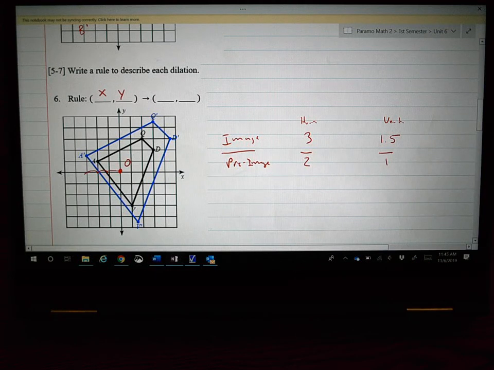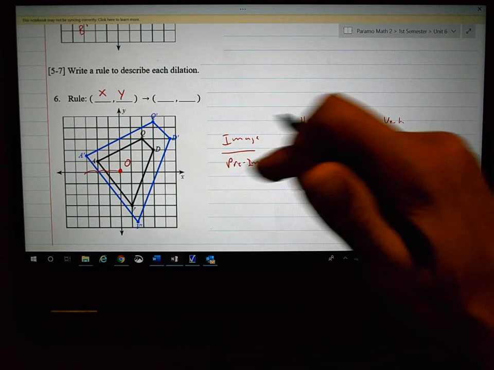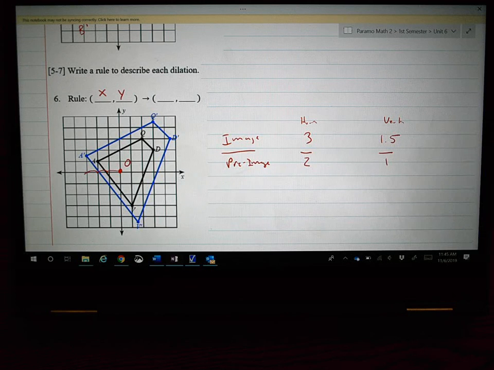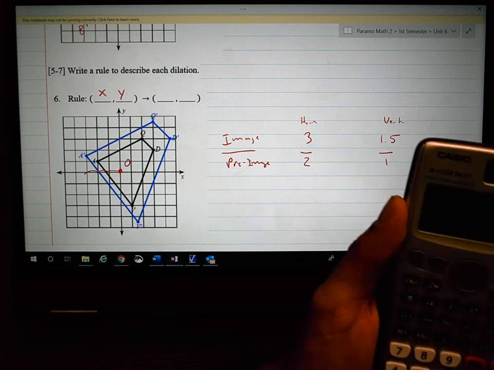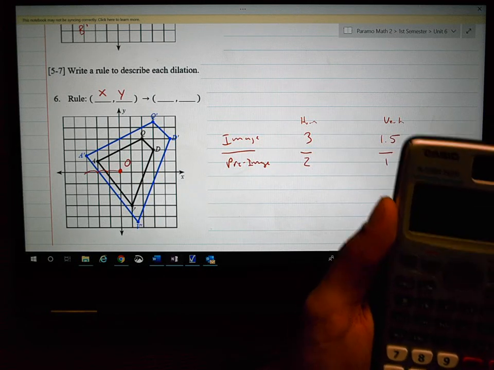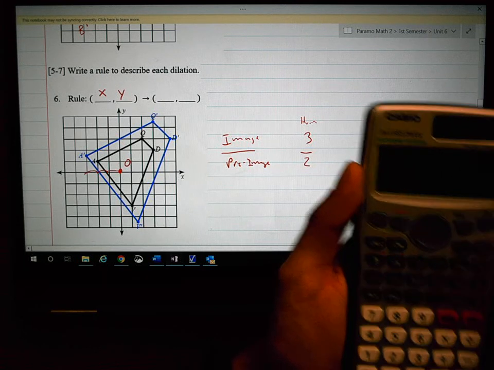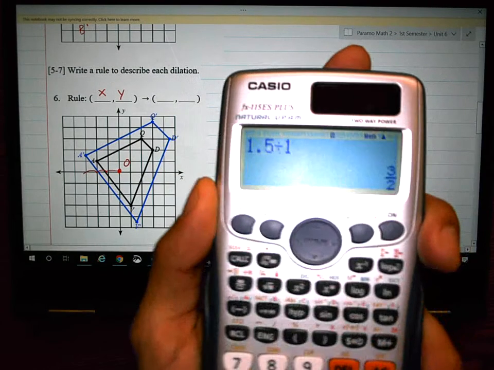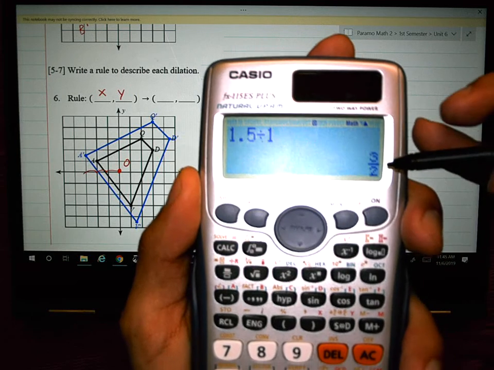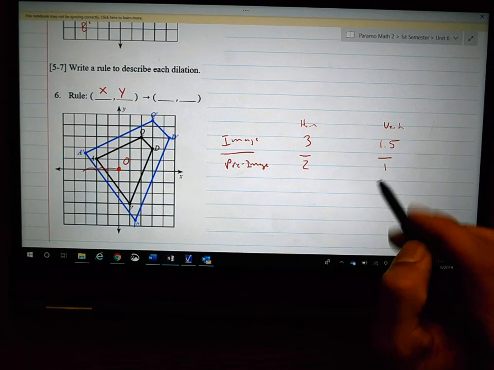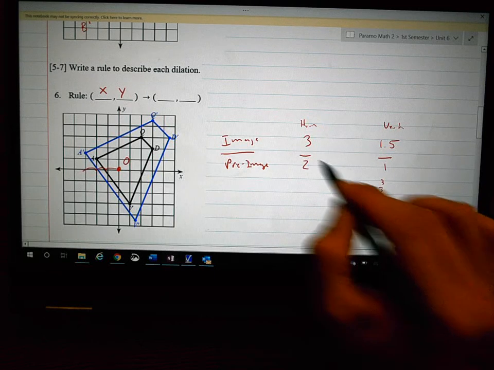So if I want to know what the scale factor is, I go horizontal of the image, vertical of the image, 3 divided by 2, or even 1.5 divided by 1. Let me show you what that looks like. 1.5 divided by 1 is still 3 over 2. What does that mean? That means that this is 3 over 2. That's the same scale factor.